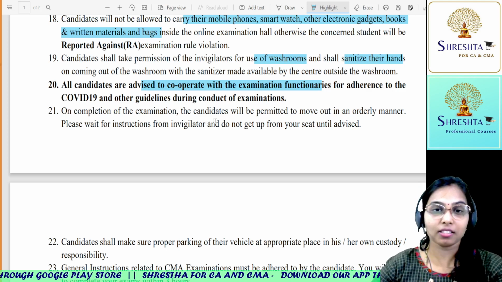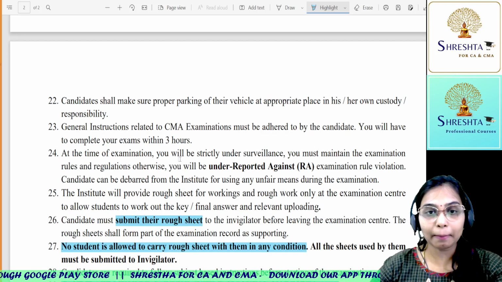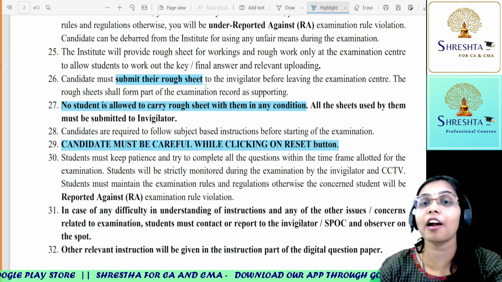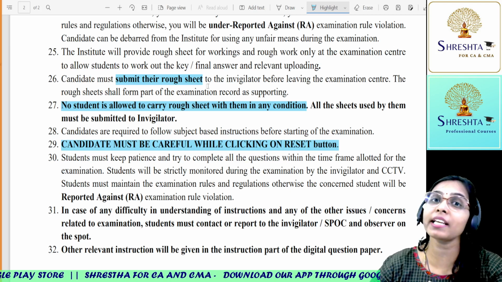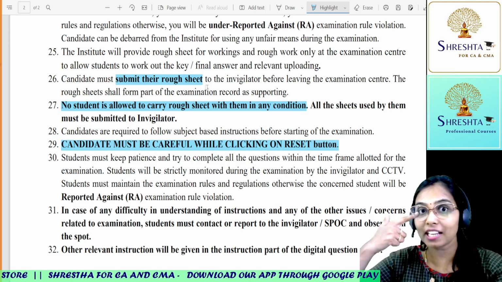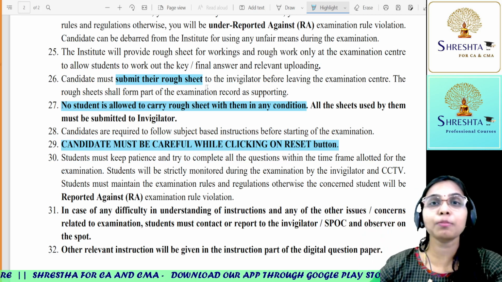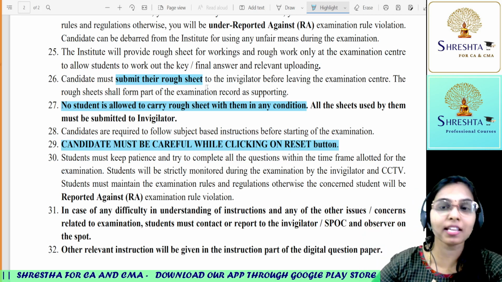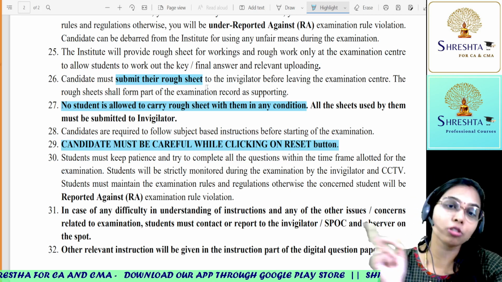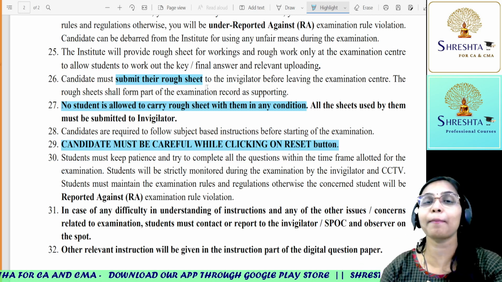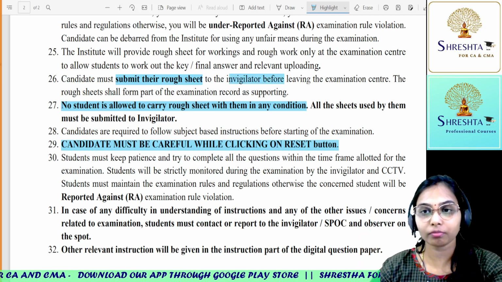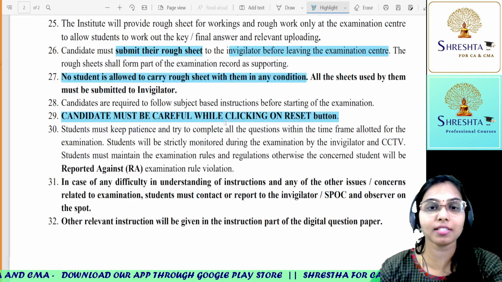Okay. Next, candidates must submit their rough sheet. If you use any rough sheet for practical papers like accounts, tax or financial management, where you use rough sheets and then give your answer in the option, you need to submit those rough sheets with your answer paper to the invigilator before leaving the examination center.